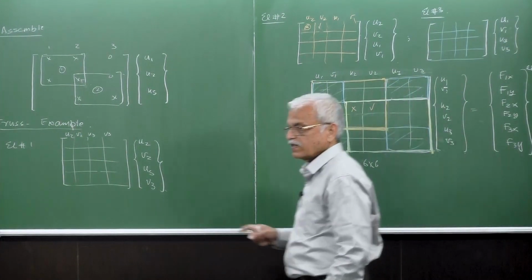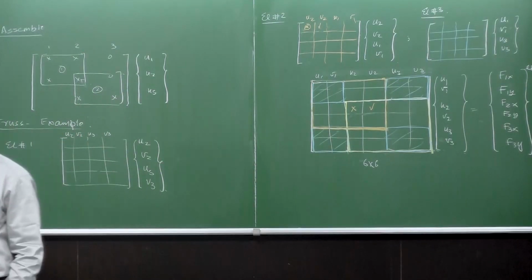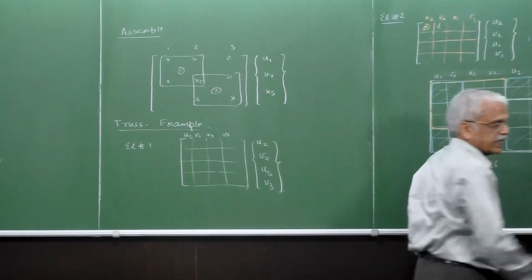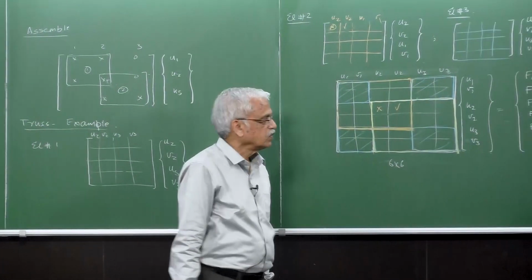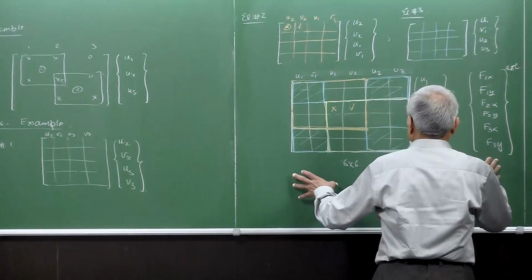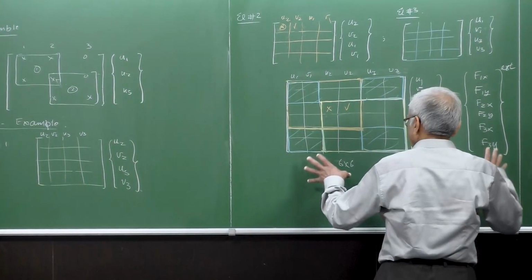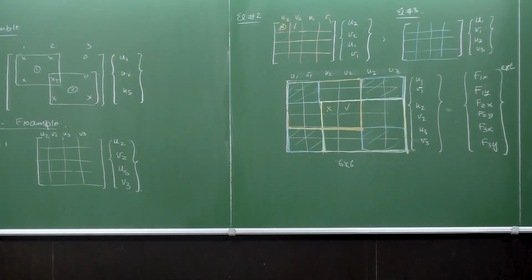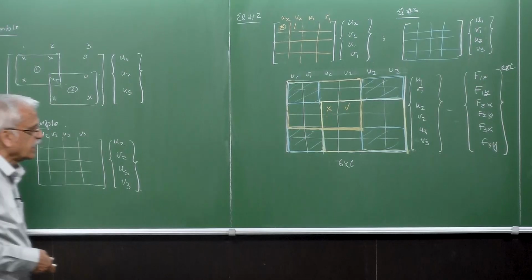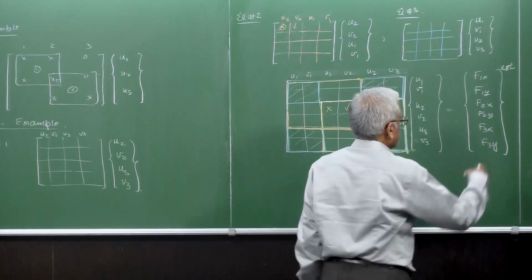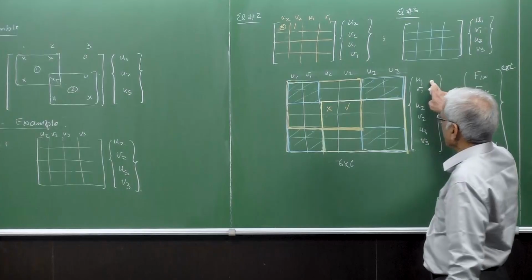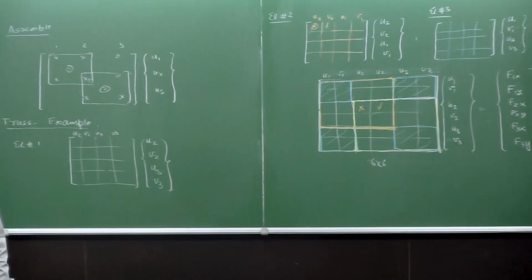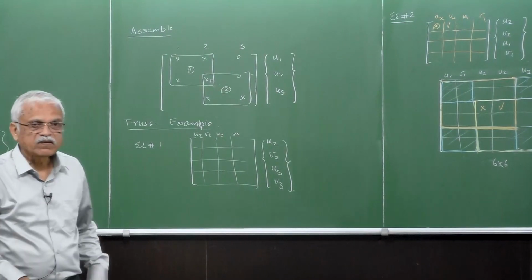So when you add it here, the internal forces get cancelled, leaving only the external forces. So this system of equations is the final assembled equations, which in the next stage we would like to solve, for given external forces. So we would like to get the nodal displacements. So this is as far as the assembly of the equations is concerned.